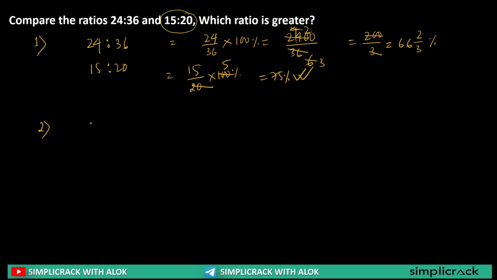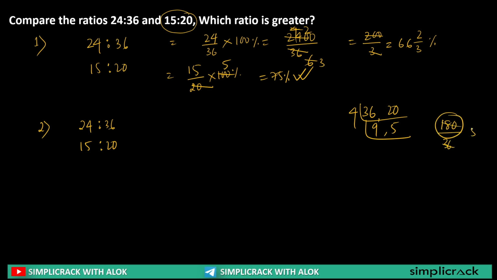Now the second methodology, 24 is to 36, 15 is to 20. What I told you in the previous class, let's find out the LCM. So 4 9s are 36, 4 5s are 20. Now I can't do anything about this. So 4 5s are 20 into 9 is equal to 180. So LCM is 180. Okay, so if I divide 180 by 36, the quotient will be 5.